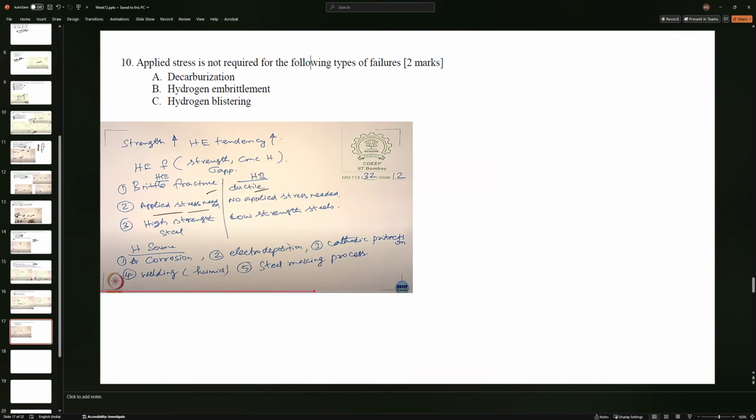Here applied stress is needed. No applied stress is needed. Decarbonization again, you are removing carbon, reducing the strength, but for the failure to happen, you need applied stress. You can think of hydrogen embrittlement here.